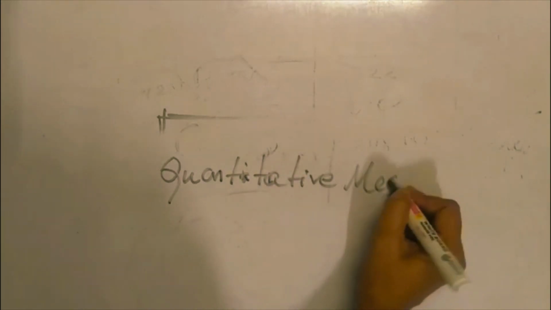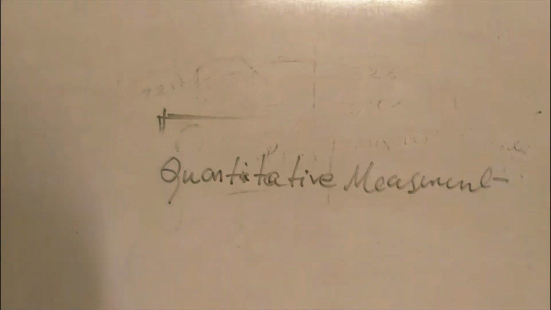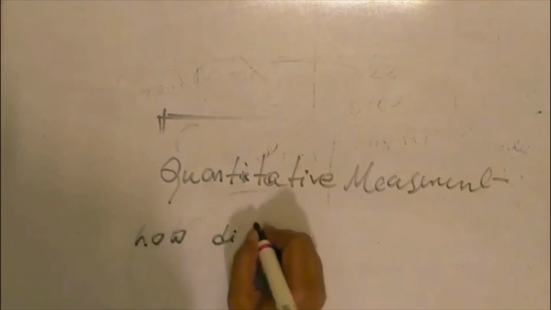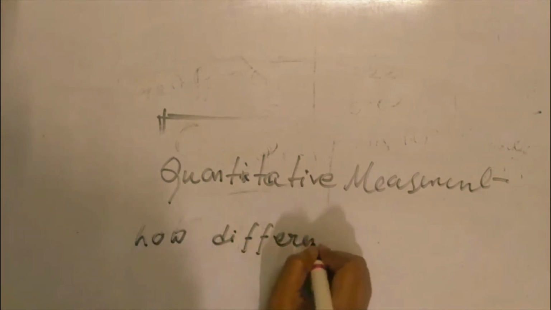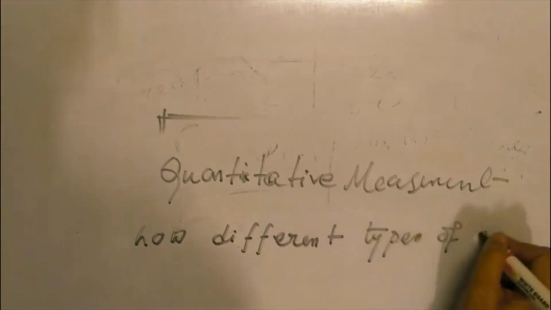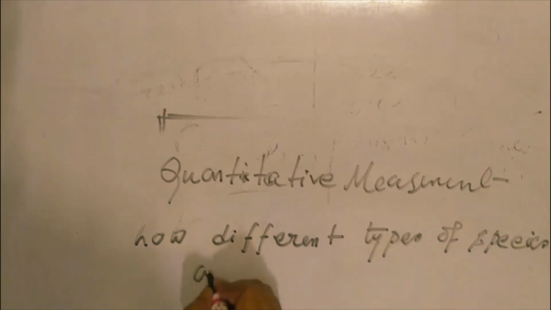This indicator signifies how many different types of species are in your data set.